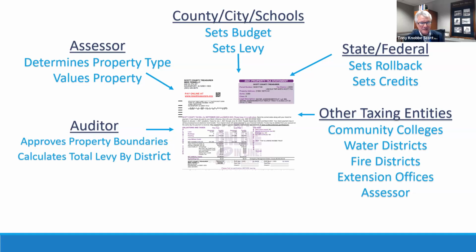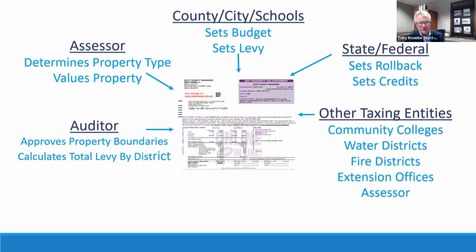The other role of the auditor here is, after the state has set its rollback and the cities and the schools and the taxing districts have set their levy, the auditor calculates that levy by district.